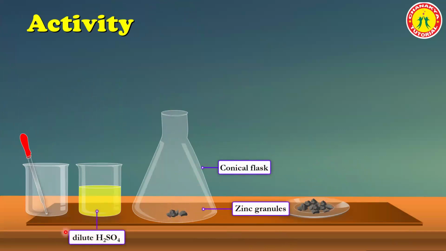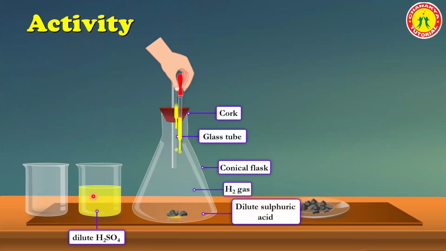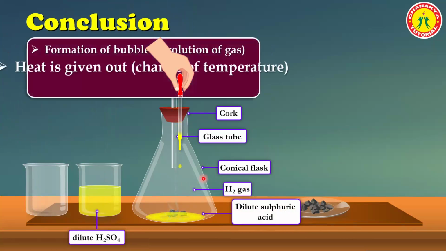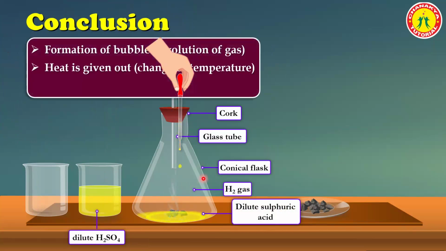In the next activity, in a conical flask we add some zinc granules, that is, we are adding the metal zinc. We add dilute H2SO4, this dilute acid, to the zinc granules. What happens when we add dilute acid to the metal? There is release of hydrogen gas. In this reaction there is release of hydrogen gas and a change of temperature, because if we hold this conical flask, it will be somewhat hot.